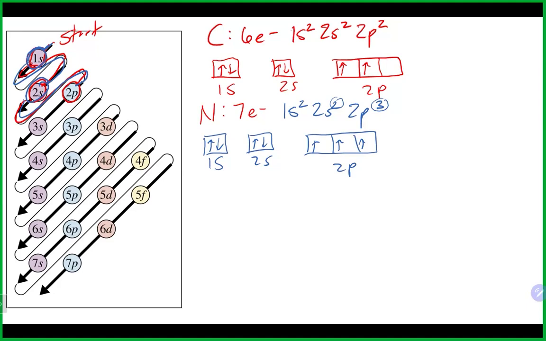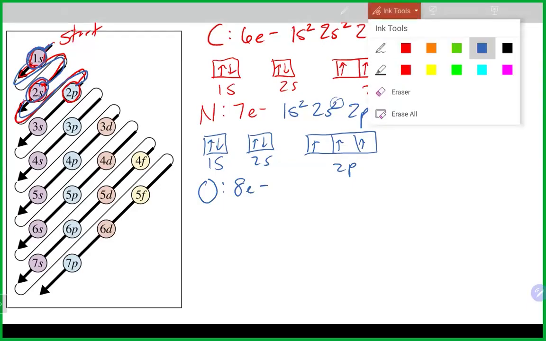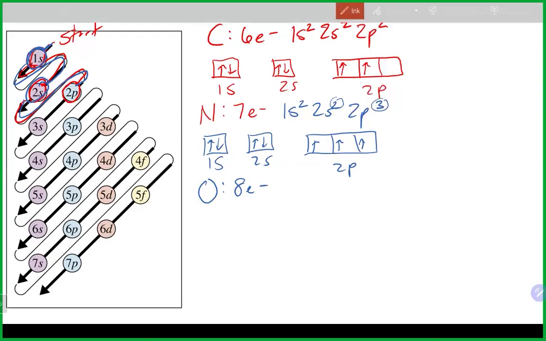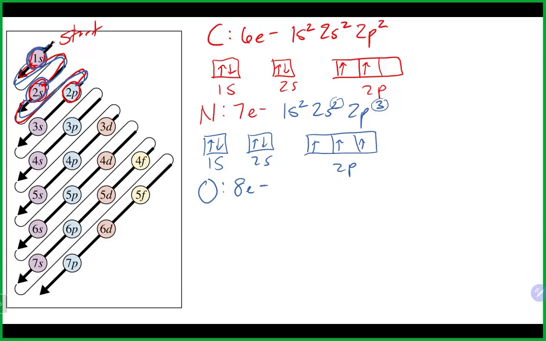Oxygen, which is 8. Oxygen is 8 protons. It would have 8 electrons. Again, starting up there at the top, we'll go 1s2, zigzagging this way, 2s2, and now coming this way, 2p4 in this case. Again, continuing on our visual here.